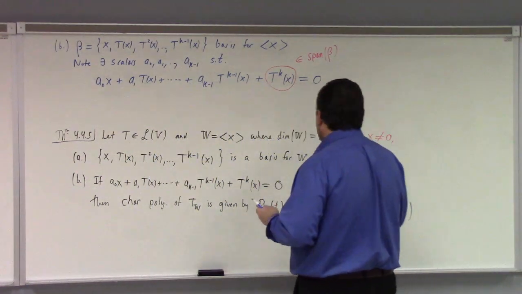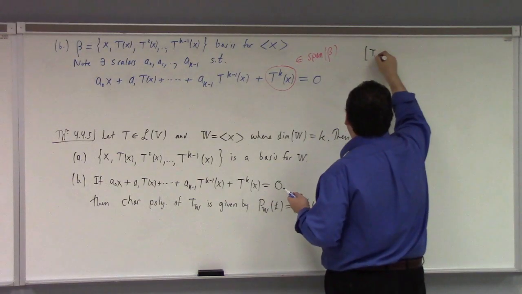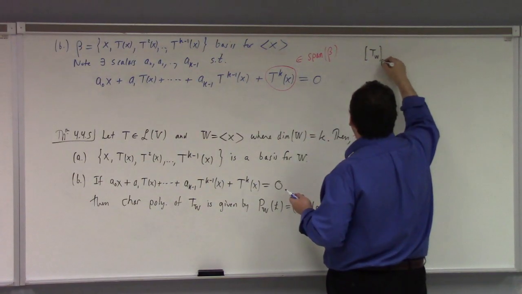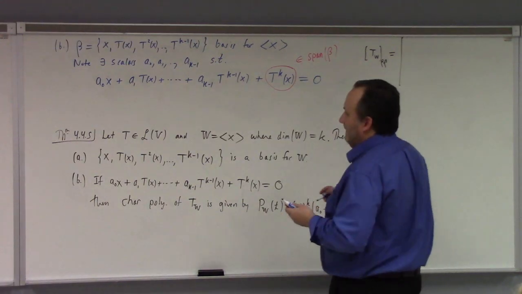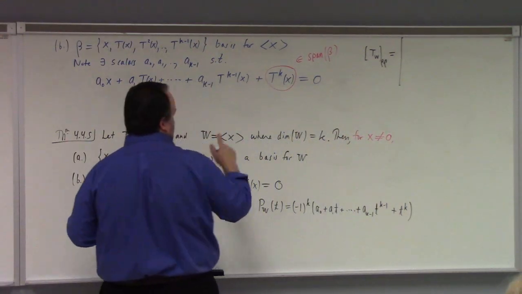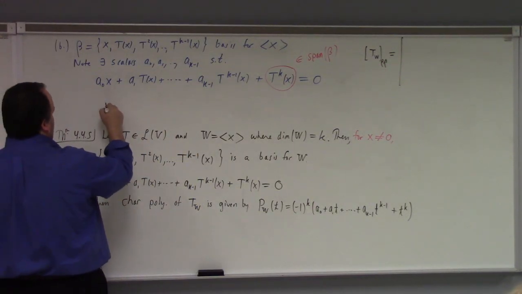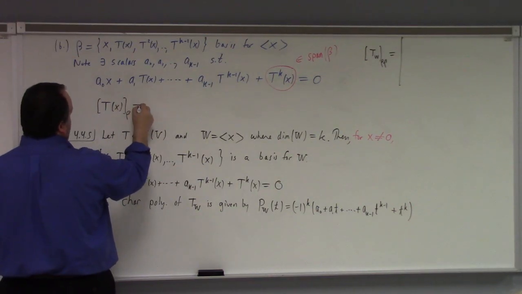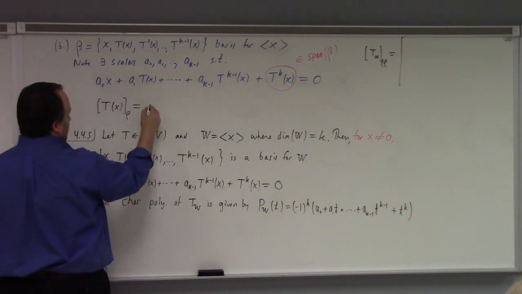I basically just need to look at what T restricted to W is with respect to this beta basis, right? Let me scribble over here and then put my results over there if you don't mind. The first thing in the basis is x. T of x, in beta coordinates, is the second thing in the basis, so this is e2.